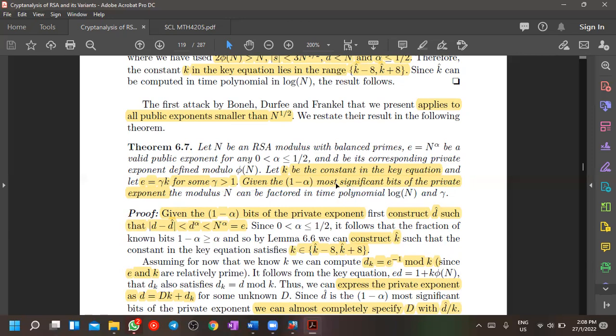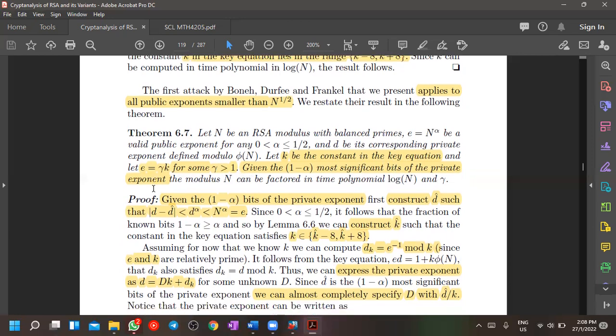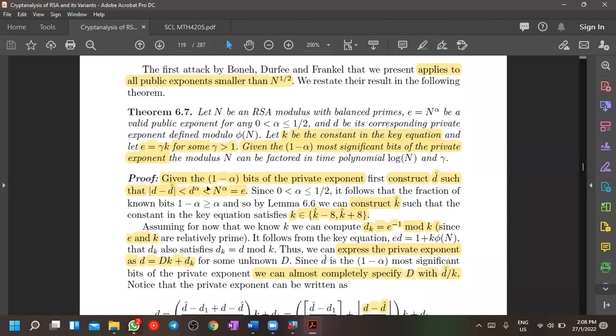Given the 1 minus alpha most significant bits of the private exponent, the modulus n can be factored in time polynomial in log n and gamma. We prove the theorem with this proof.